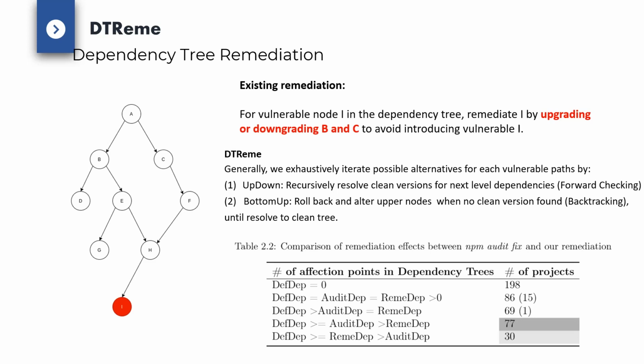Besides, in 16 projects where DT-REAM and NPM audit fix reduce the same number of vulnerabilities, DT-REAM removes more vulnerable paths.